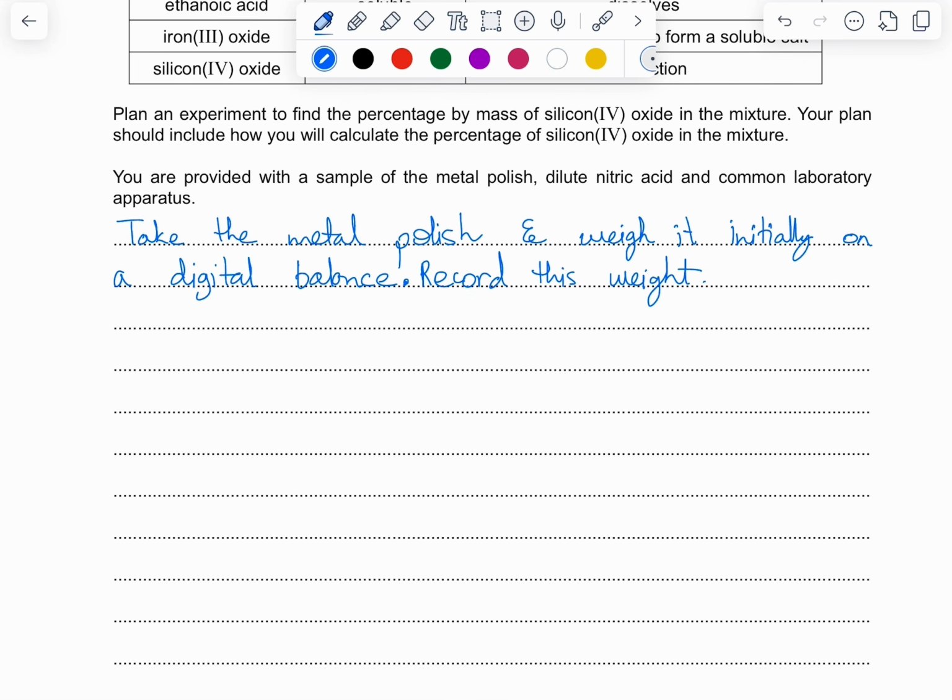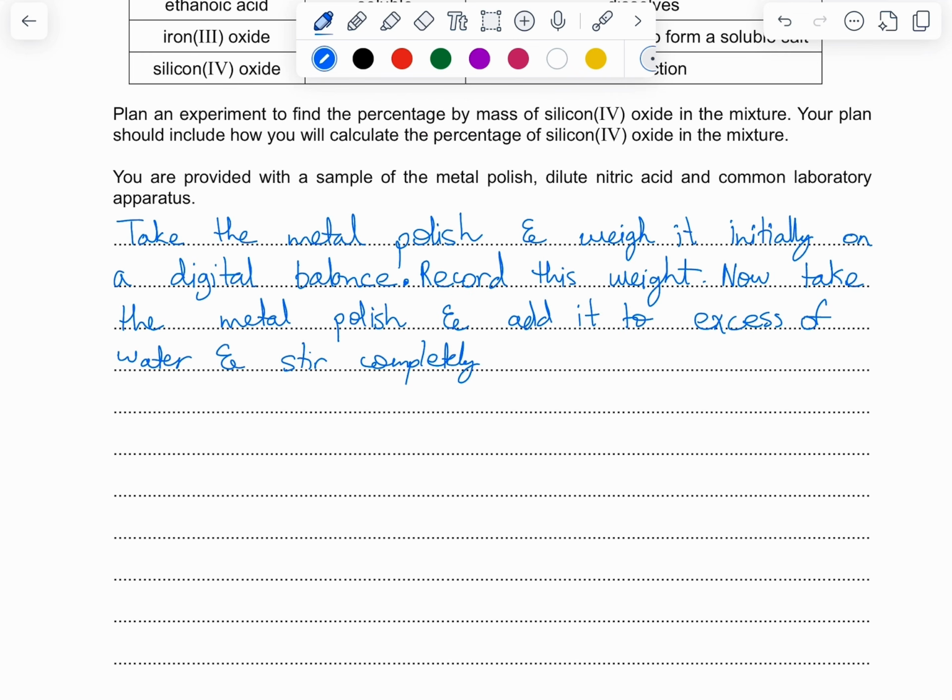full stop. Now take the metal polish and add it to excess of water and stir it completely using a glass rod, full stop.